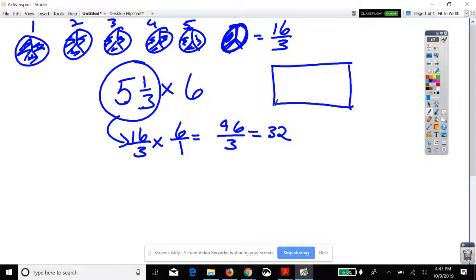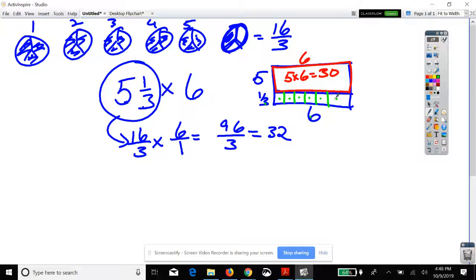So if I think of this rectangle as 5 and 1/3 times 6, this top part, this part in red, is 5 times 6, that's 30. And then this bottom part in green, there are 6 of the 1/3s. So 1, 2, 3, 4, 5, 6.